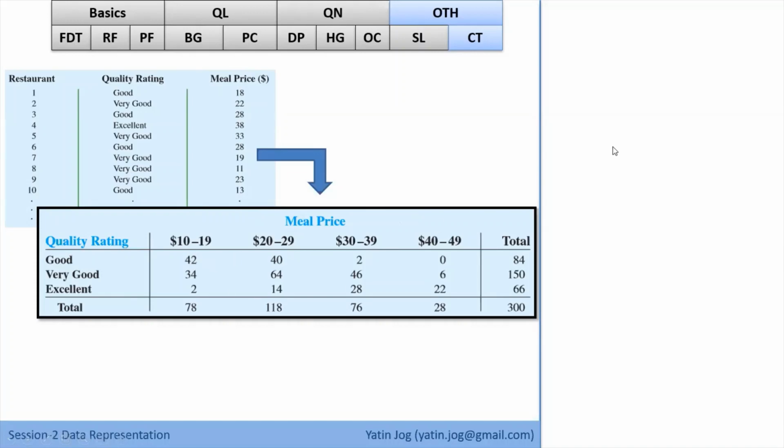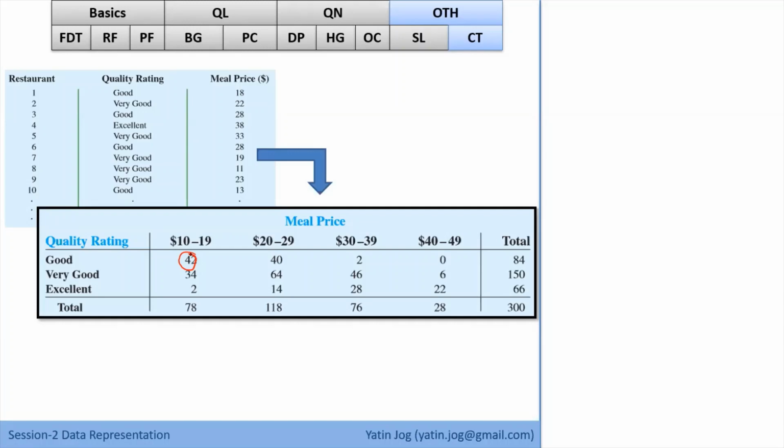Now what is the meaning of 42? The dishes which are between prices $10 to $19 have got a good rating 42 times. Yes.